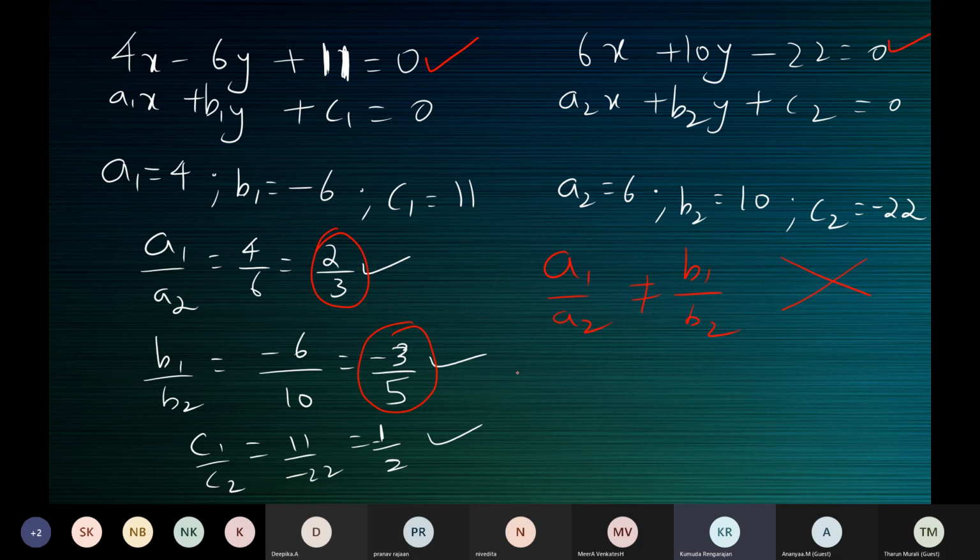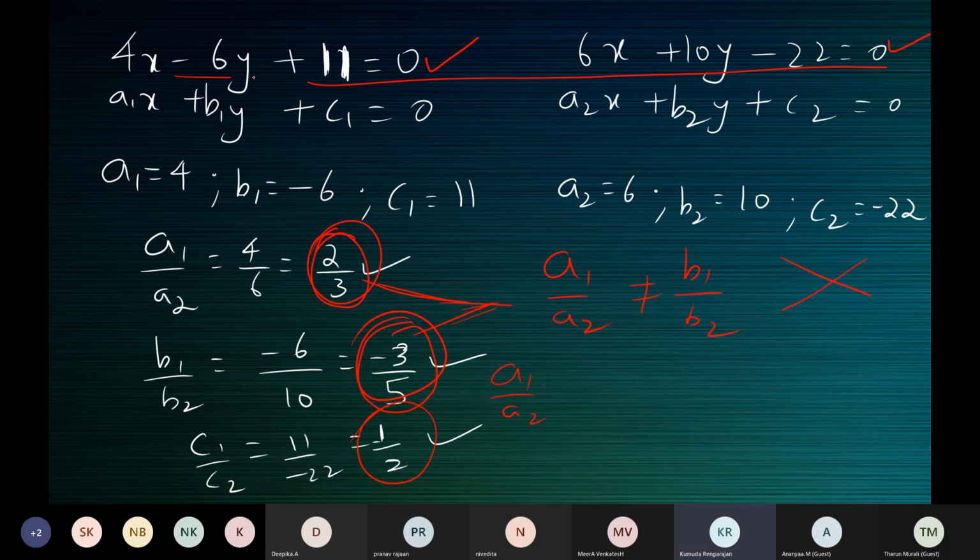You have to find the ratios first, and then compare. In this example, A1 by A2 is not equal to B1 by B2, which means these two lines on the Cartesian plane are intersecting lines.